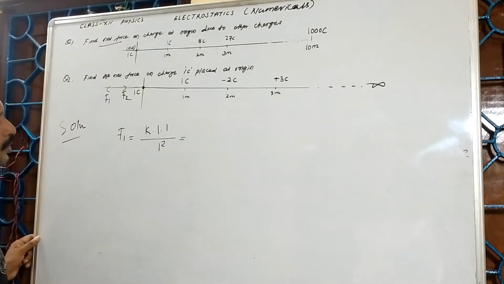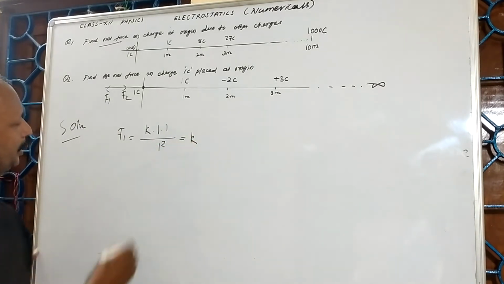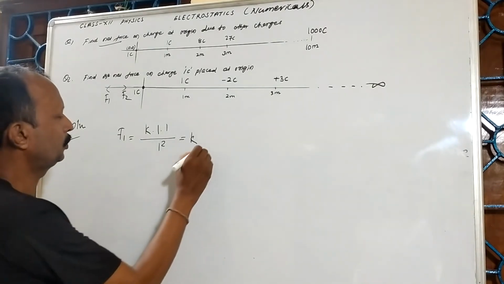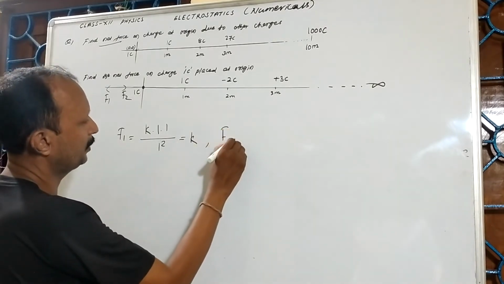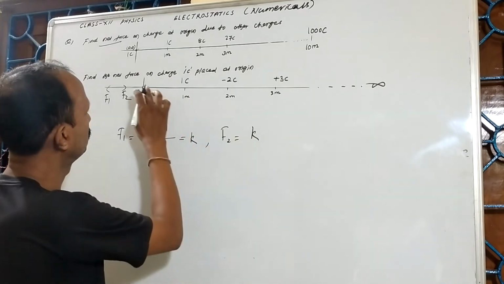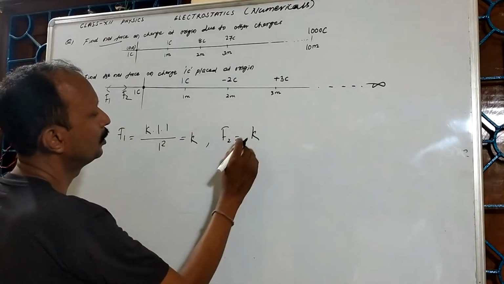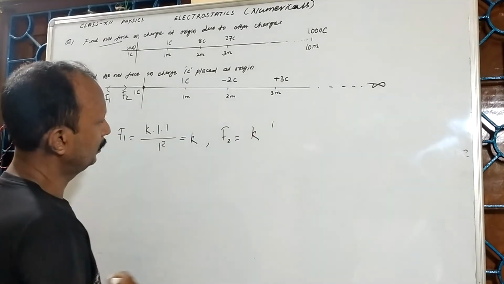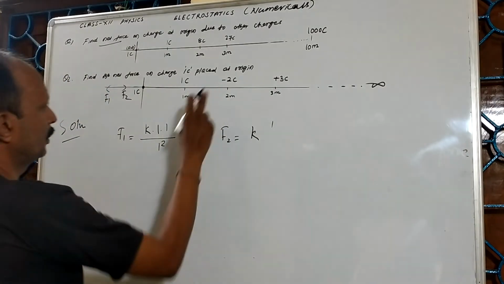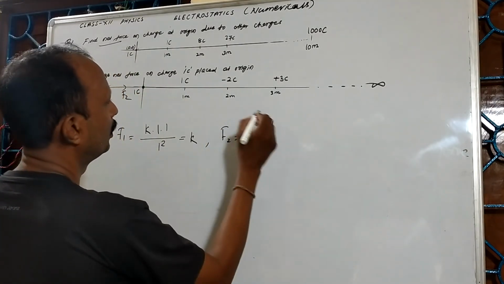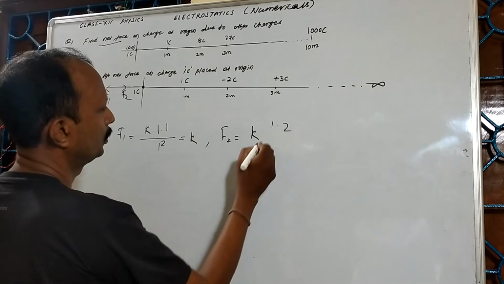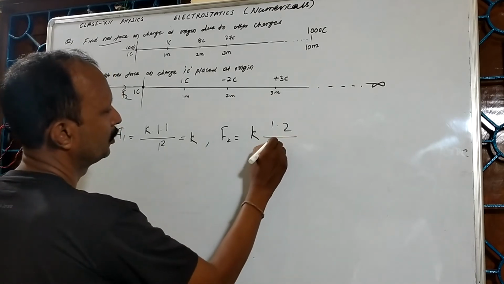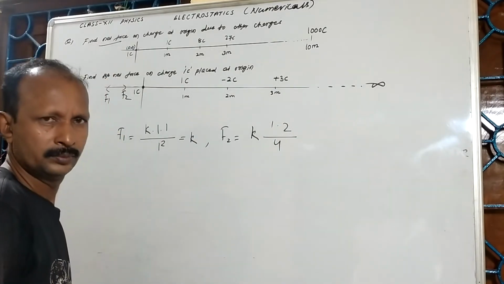That means this is equal to K. Now F2 is equal to K, here is 1, here is 2, divided by 4.